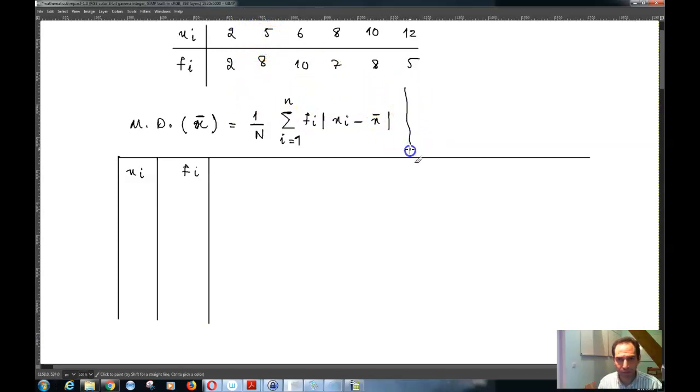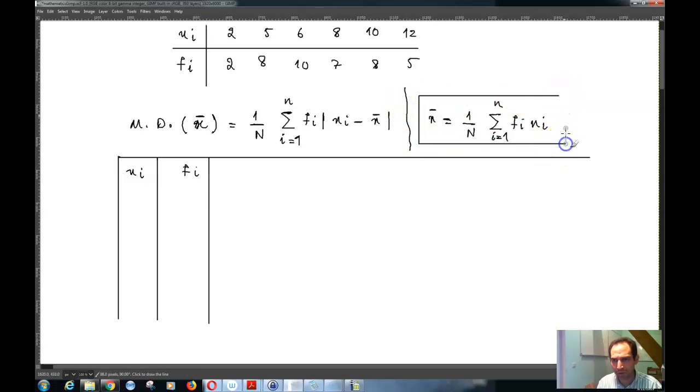We said that basically to calculate the mean deviation, we do need to calculate the x bar. So the x bar is equal to 1 over n sigma f of i x of i as i goes from 1 to n, right?